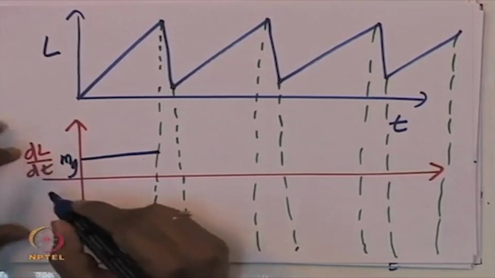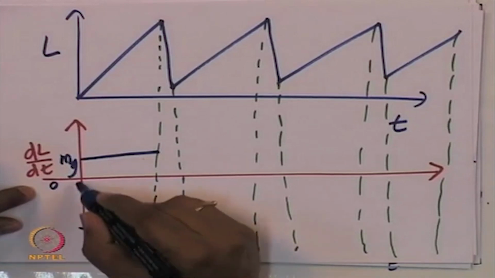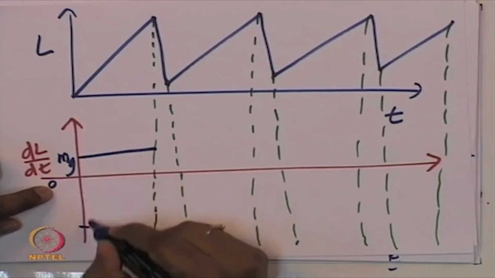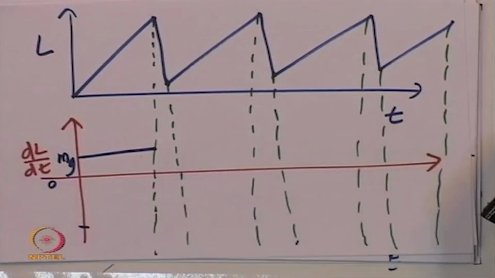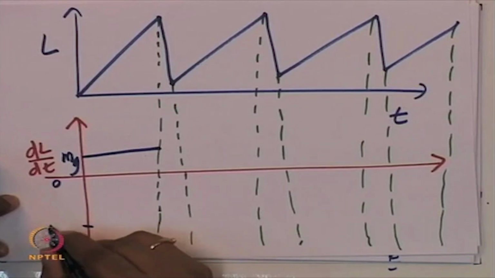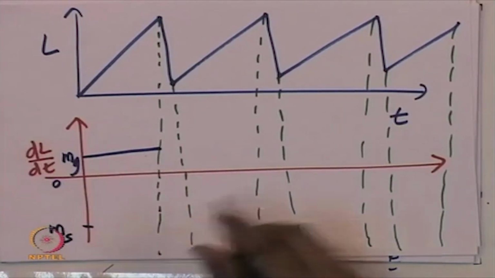From here to here, this is 0, and how much negative it goes from 0, let me call this m shrinkage, ms, which is a negative value.